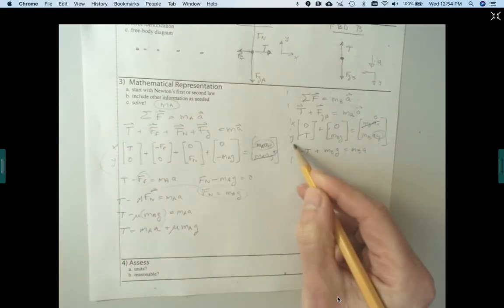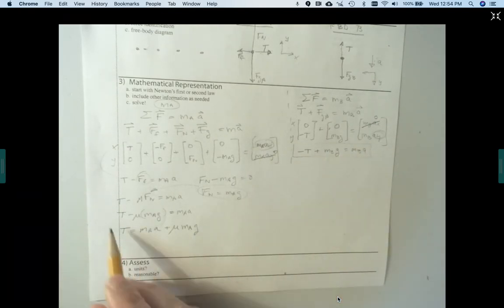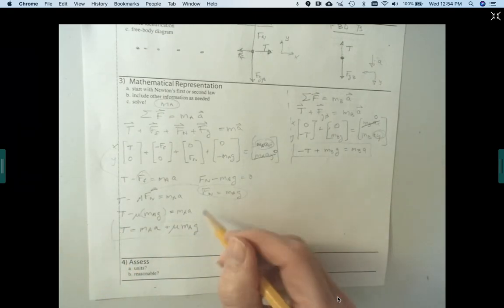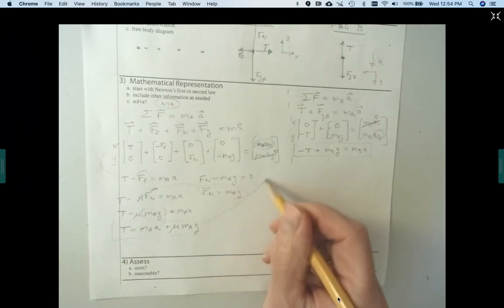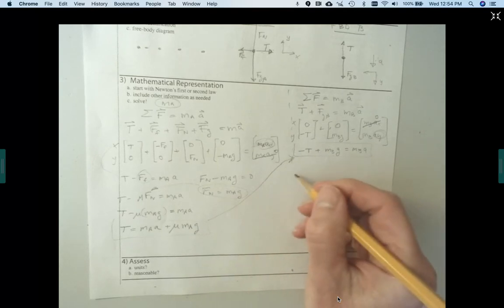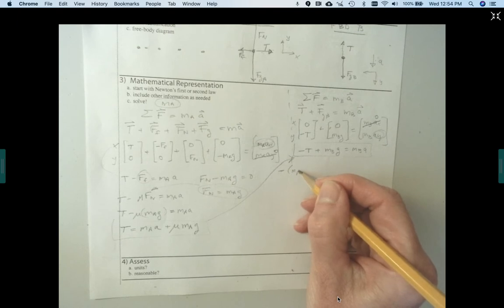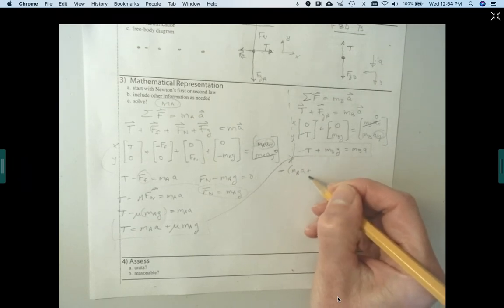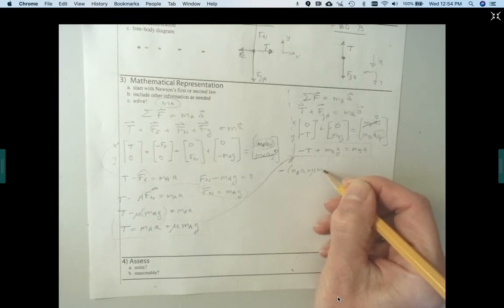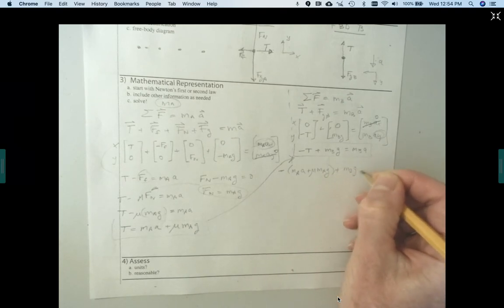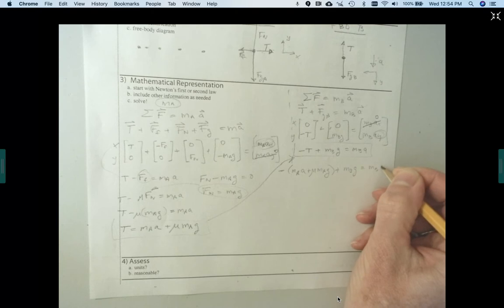So now this is our second equation that we have here, right? So we can take our tension that we solved for here and plug it into this equation. So we get negative MAA plus mu MAG plus MBG equals MBA.